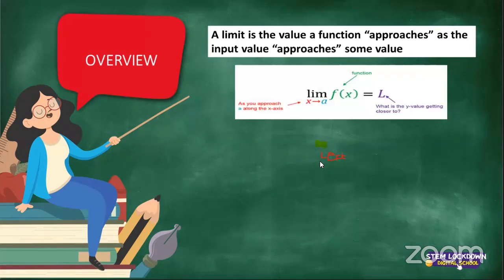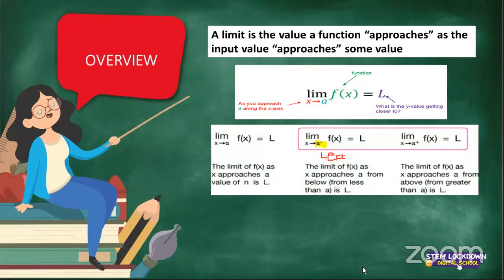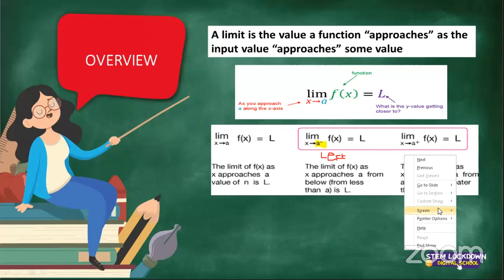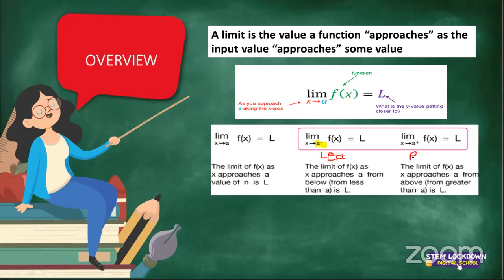So what I was just trying to show you is if you are approaching from the left, we represent it with a negative sign on top. And then if we're coming from the right, this is from the right. I'm sorry about all the system glitches today. So this is how you represent the limit from the left and the limit from the right.